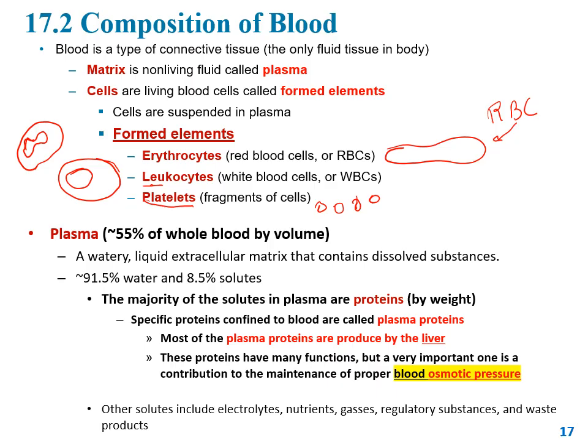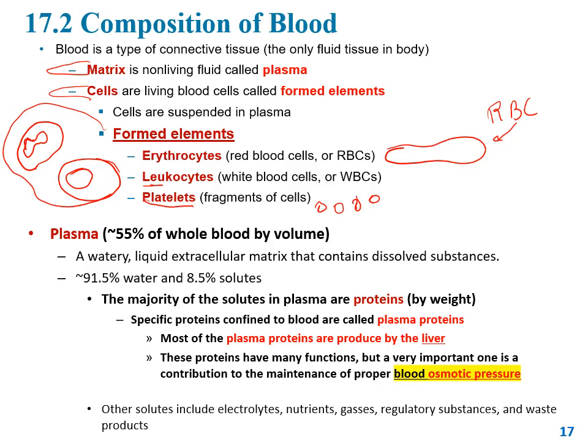Platelets are little pieces of cells that came from the cell membrane and a piece of cytoplasm from a bigger cell, but they are also considered formed elements. So for your connective tissue, remember you have the matrix and you have the cells, and here are your cells and your formed elements.